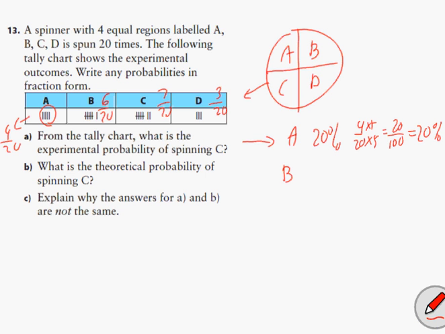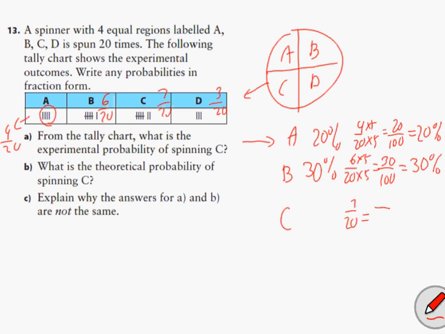What's 6 out of 20? What percent would that be? It is 30%. Because 6 out of 20, I multiply by 5 and multiply by 5. I get 30 out of 100, which is 30%. What about 7 out of 20 for C? 7 out of 20 is how many out of 100?